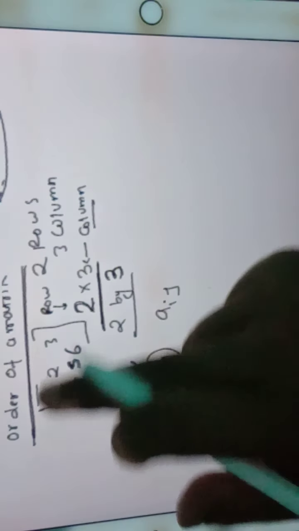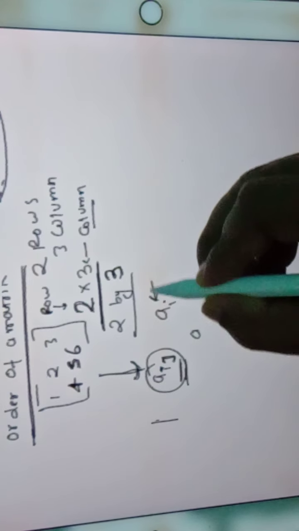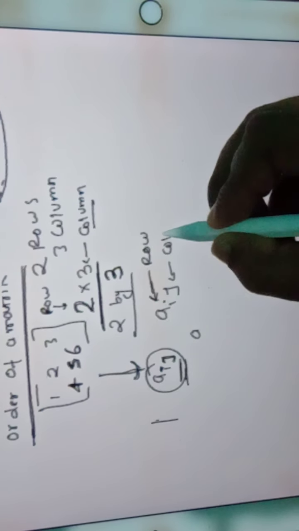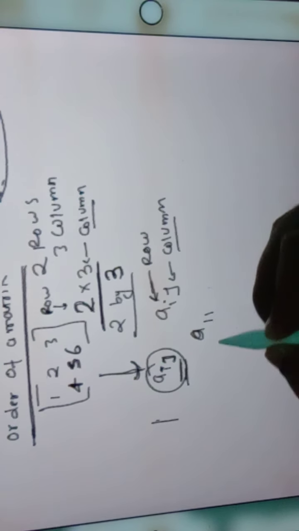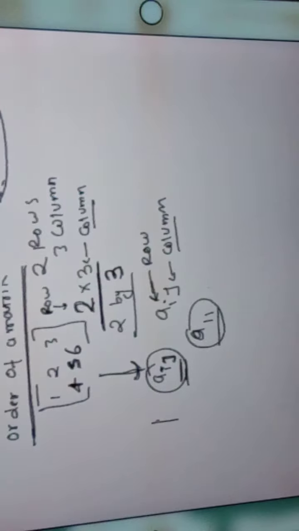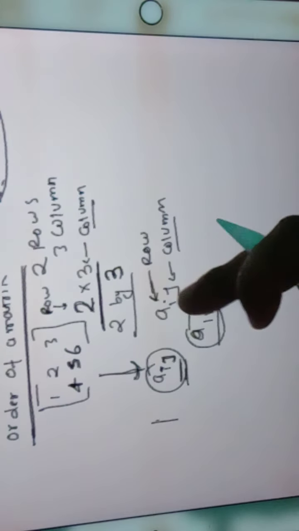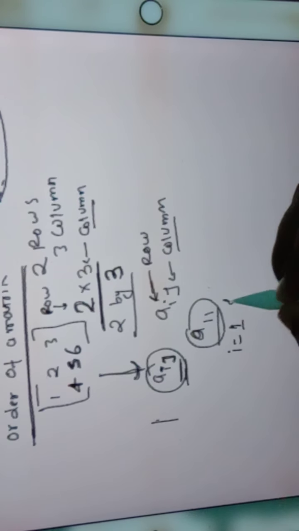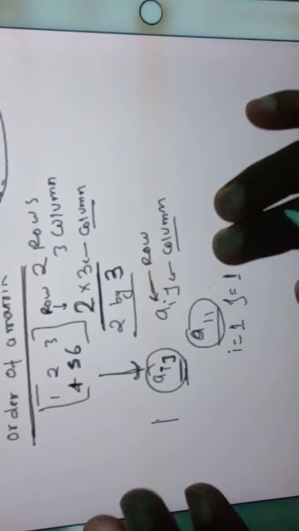Here i is denoted by row, j by column. Then if we write A11, which element do we refer to? i is the row and j the column. Here i equals 1 and j equals 1, that is the element of the first row and first column.